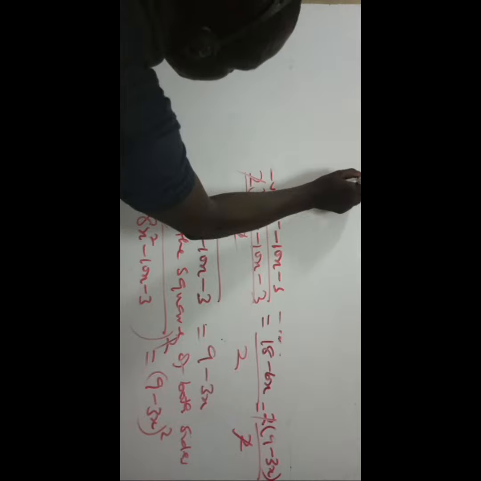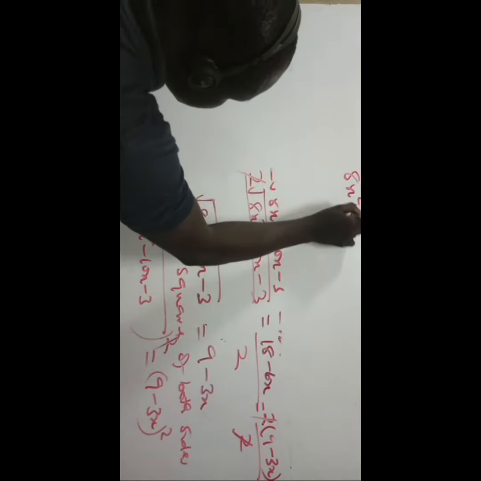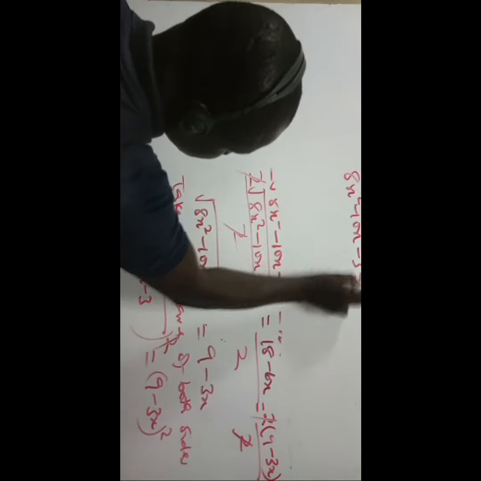So square can cancel square root. If that is taken, then we are left with 8x squared minus 10x minus 3 to be equal to, when I open this up, 9 minus 3x into bracket 9 minus 3x.